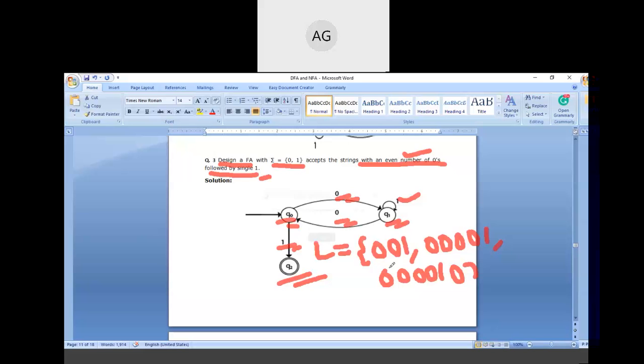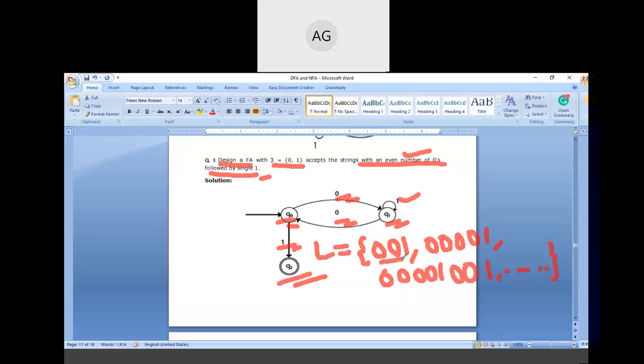So only 5 minutes are remaining. This is the last question we are discussing today. The strings accepted by this machine have an even number of zeros.